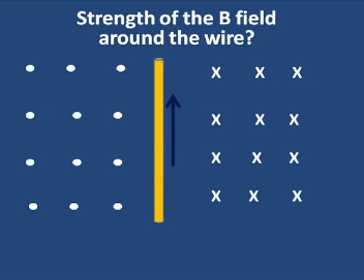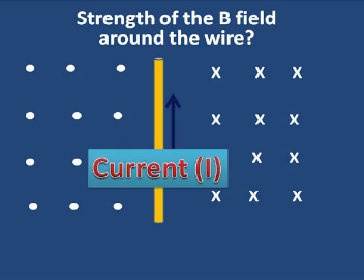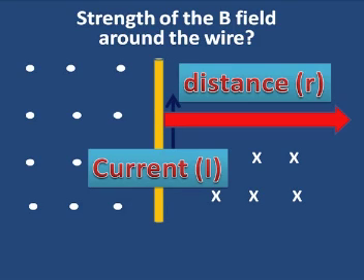Now, something new. The strength of the B field around a wire. How strong is the field? What is the field around that wire? Well, certainly it would depend on the current. The greater the current, the greater the B field. Would make sense. And the farther I went away from that wire, the weaker the field would be.